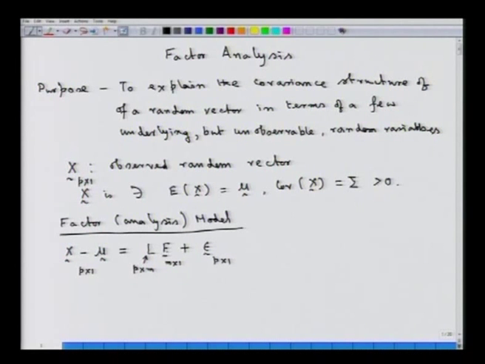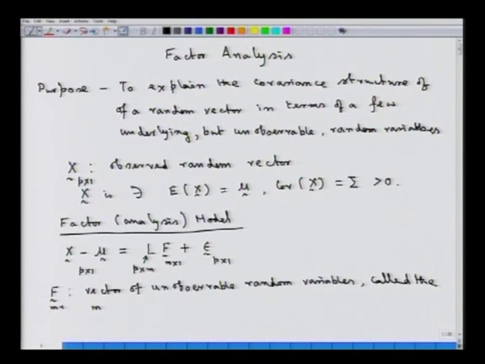What are these quantities L, f and epsilon? These are the terms which define the factor model. Here f is the vector of unobservable random variables called the m common factors. This is an m by 1 vector.